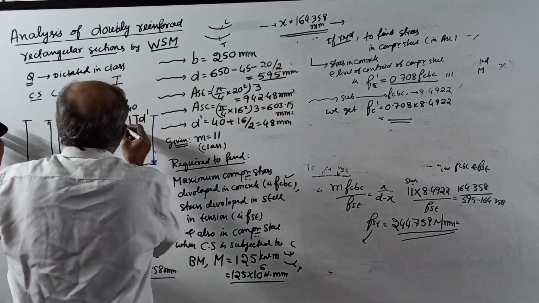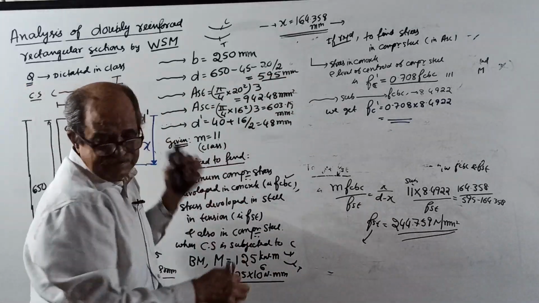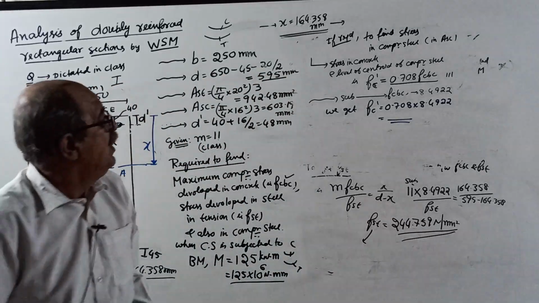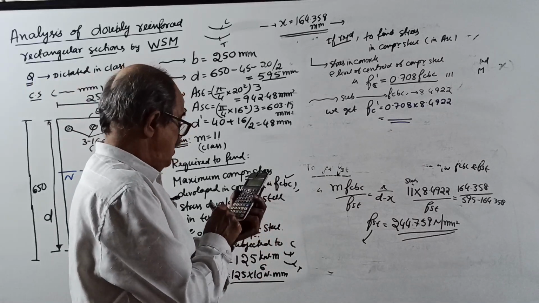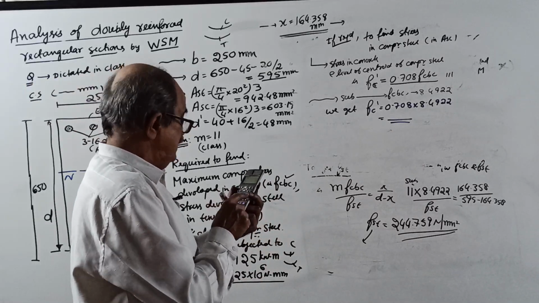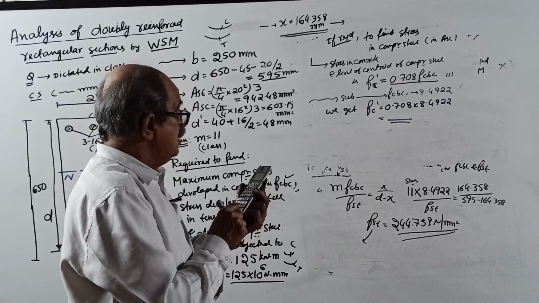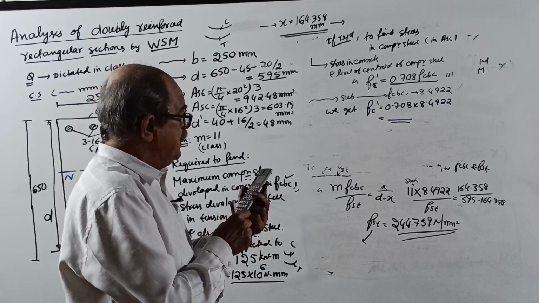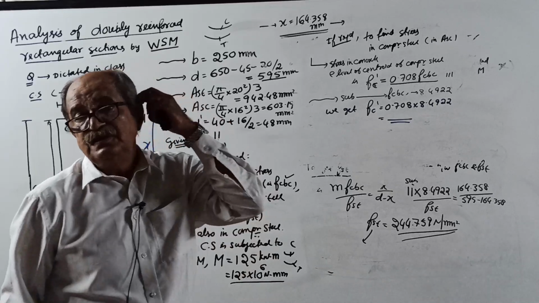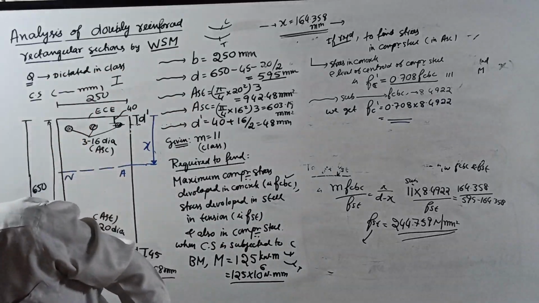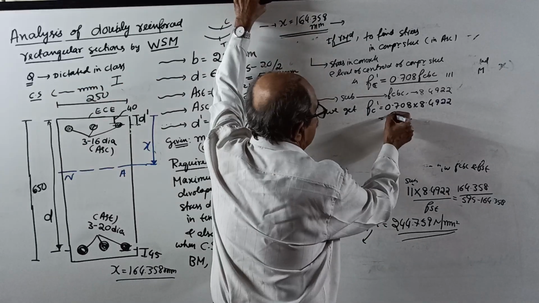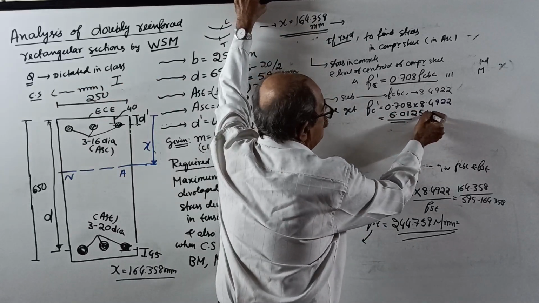The answer is 0.708 into 8.4922 equals 6.0125 Newton per mm square.